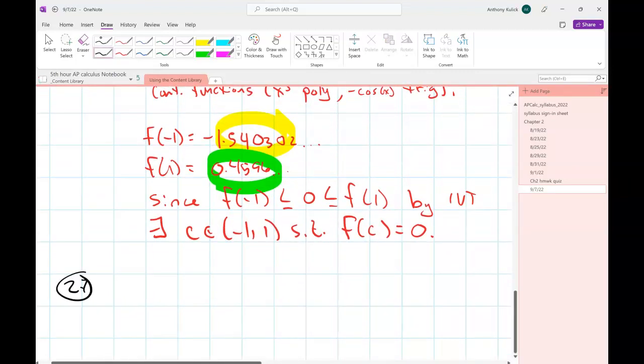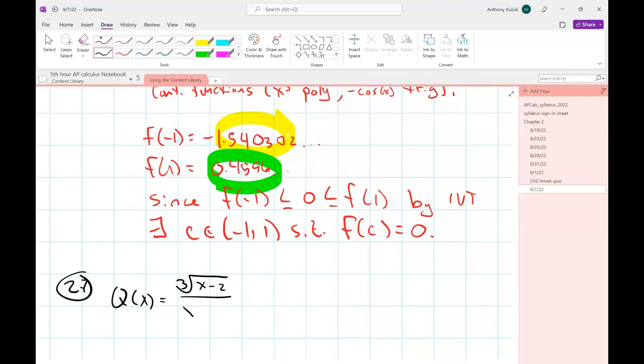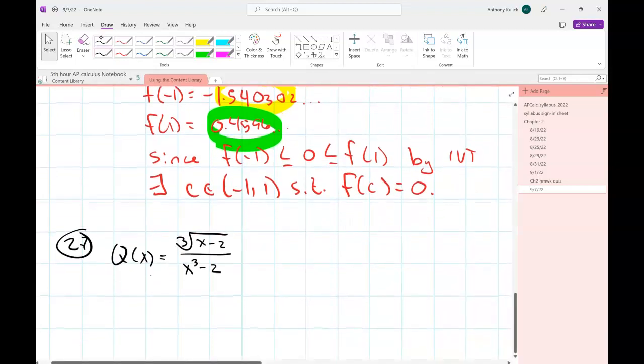Here it says, explain using theorems 4, 5, 7, and 9 why the function is continuous at every number in its domain, and then state the domain. So q of x is equal to cube root of x minus 2 over x cubed minus 2.